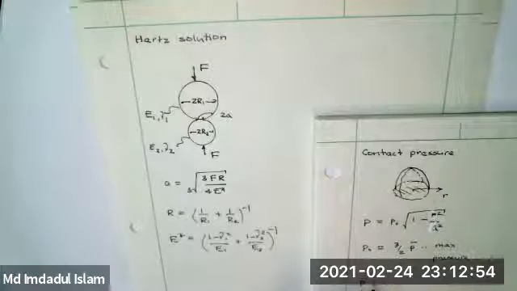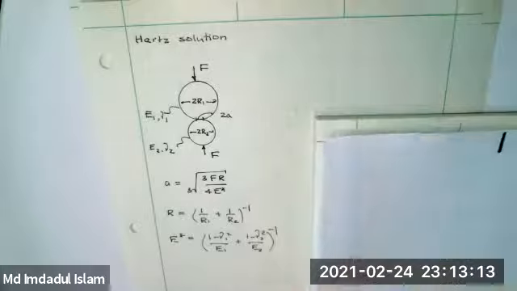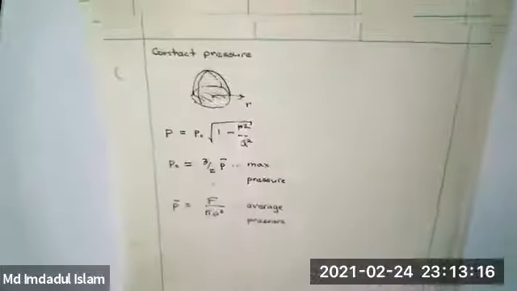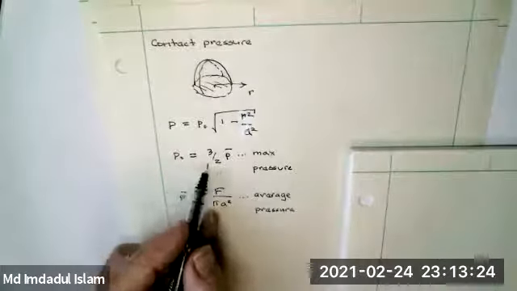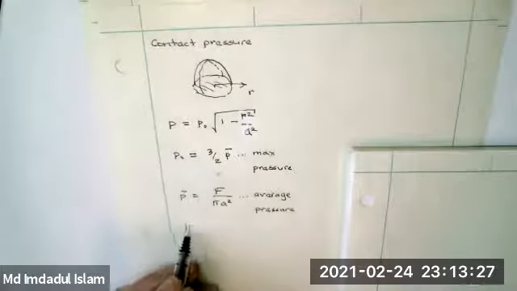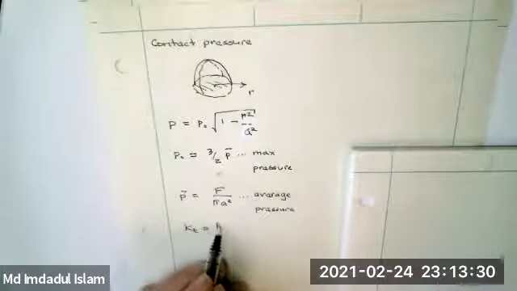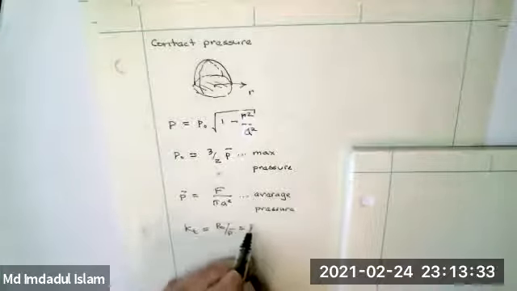P bar here is F upon pi A squared, the average pressure. The same thing happens here. We're going to be dealing largely with metals. If you divide P naught by P bar, it's 1.5.